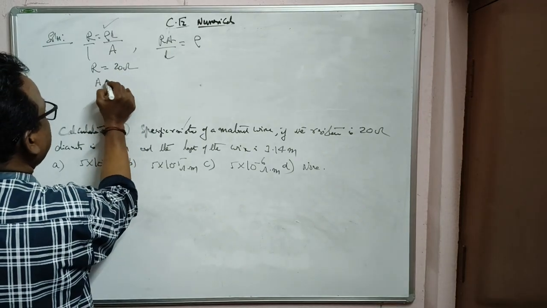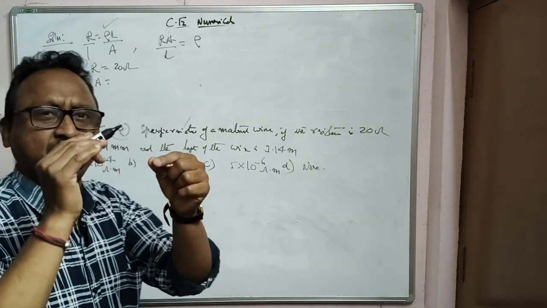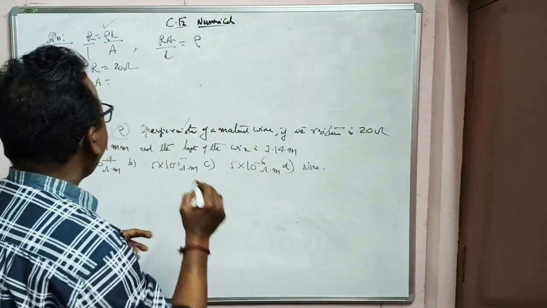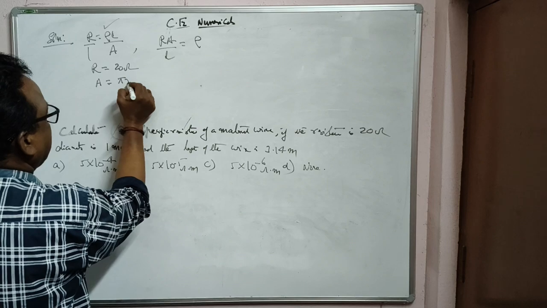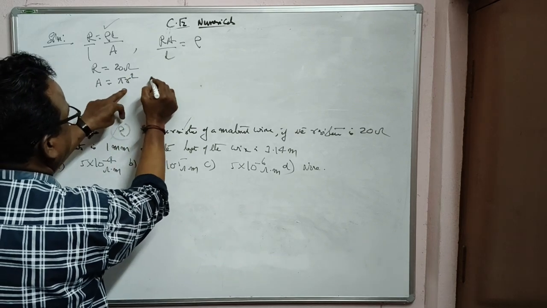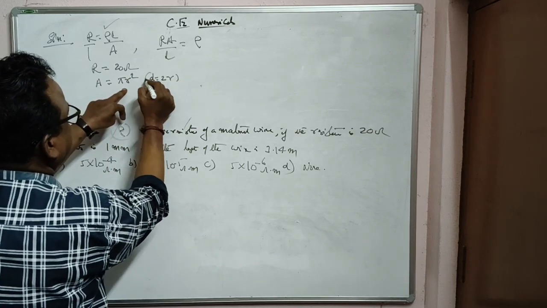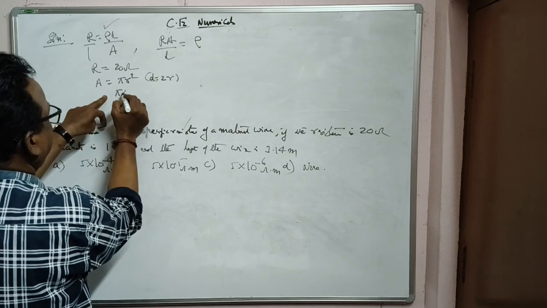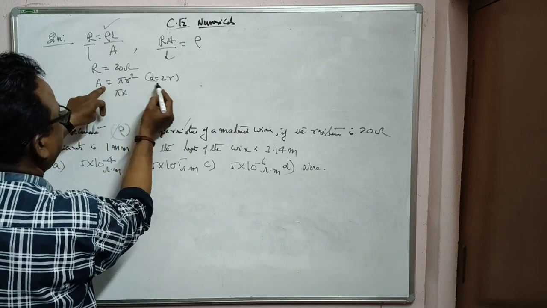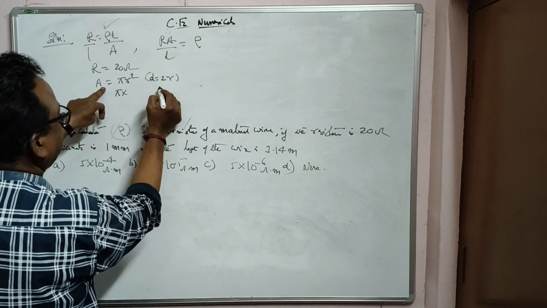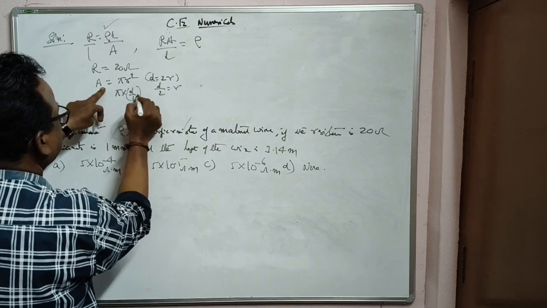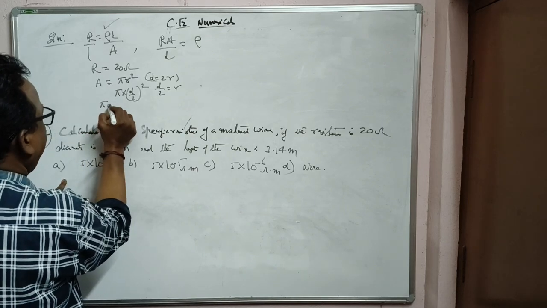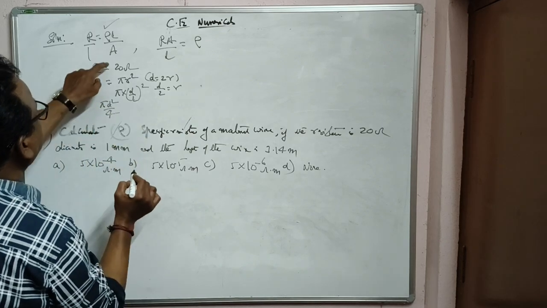Area: the wire is in a circular shape, so the area is pi d square by 4, not pi r square, though even pi r square works, because diameter is equal to 2 times radius, so d by 2 is equal to r, and d by 2 whole square gives pi d square by 4 in the place of area.